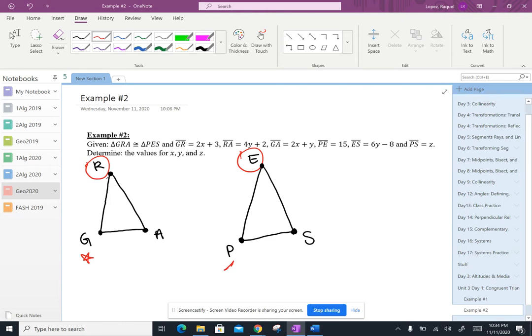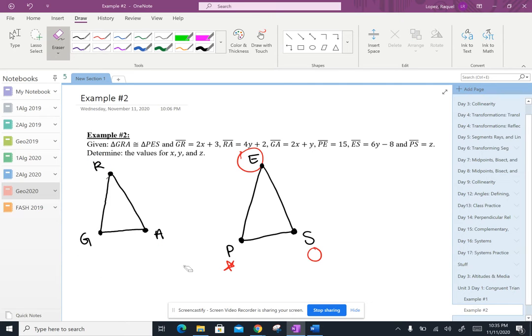Angle G and angle P are congruent because G is the first letter here and P is the first letter here. And then angle A is congruent to angle S because A is the last letter in GRA and S is the last letter in PES.